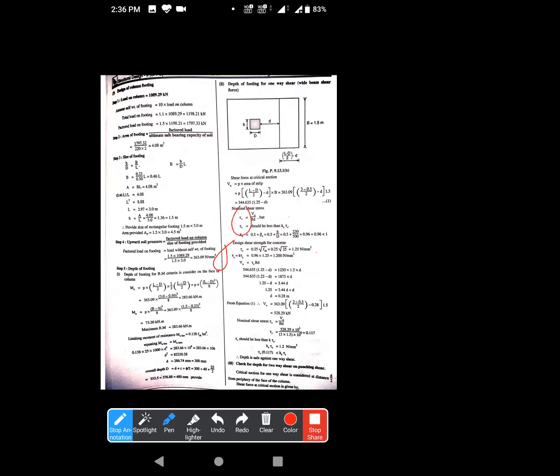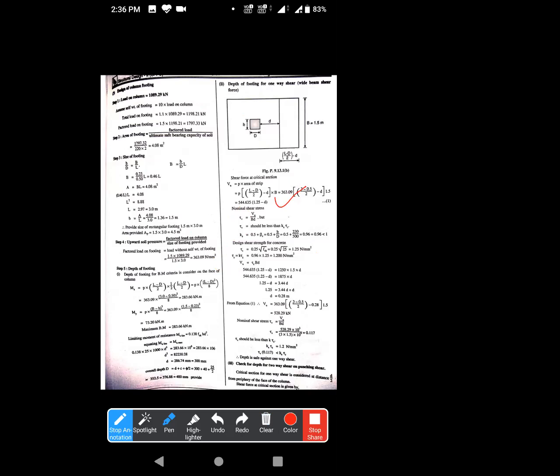Now you have to see the tau v value. See here, Vu is nothing but tau c into bd. Here you have to find the equation for Vu. Vu is 544.635 into (1.25 minus d), equal to tau c into b into d, where b is known, 1.5. You have to go with the d.